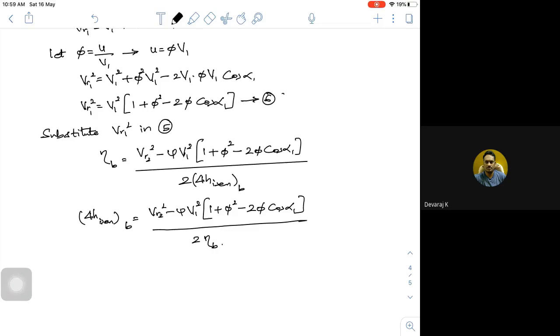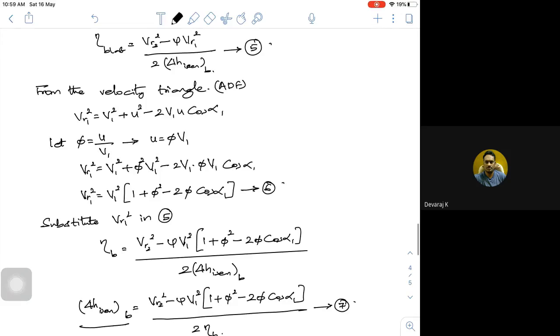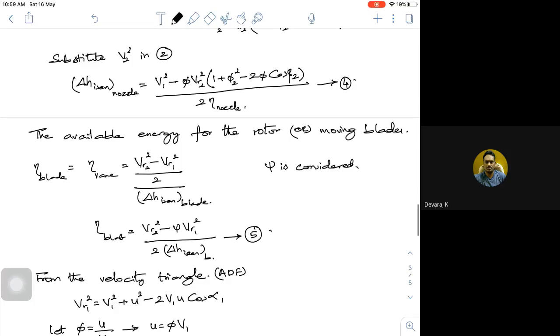I am calling this equation number 7. This is the enthalpy drop for the blade, and this is the enthalpy drop for the nozzle.